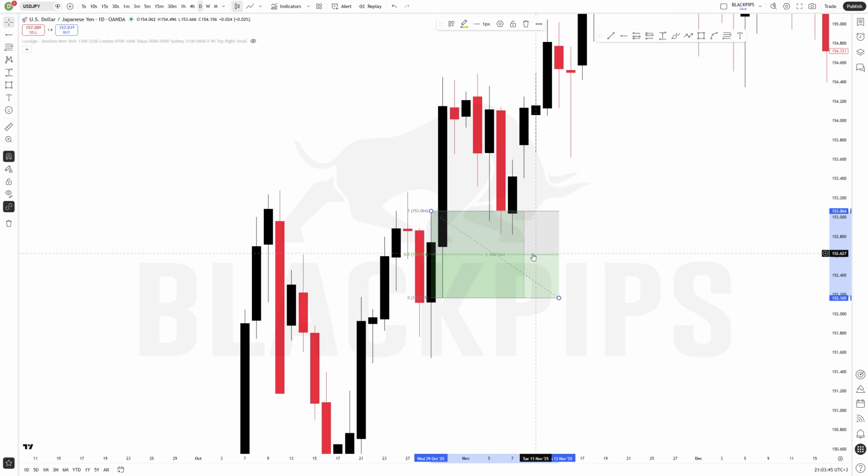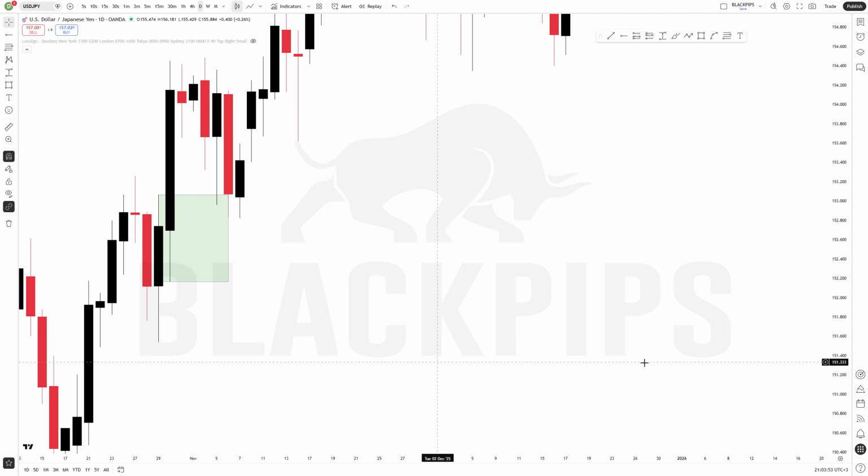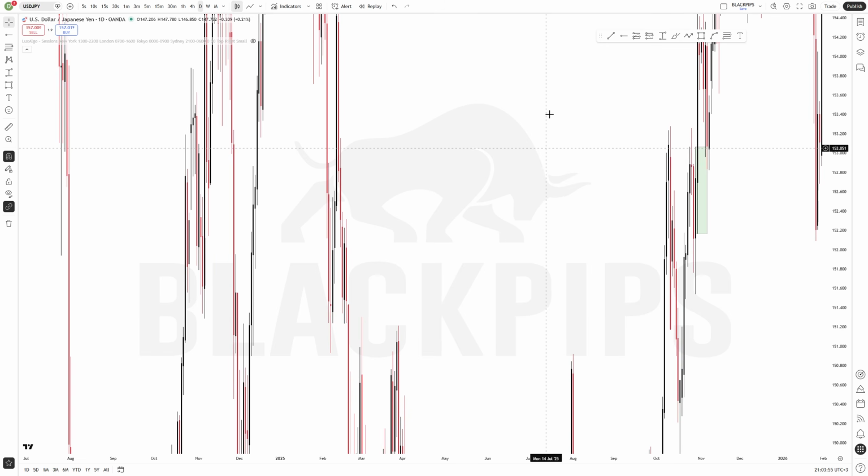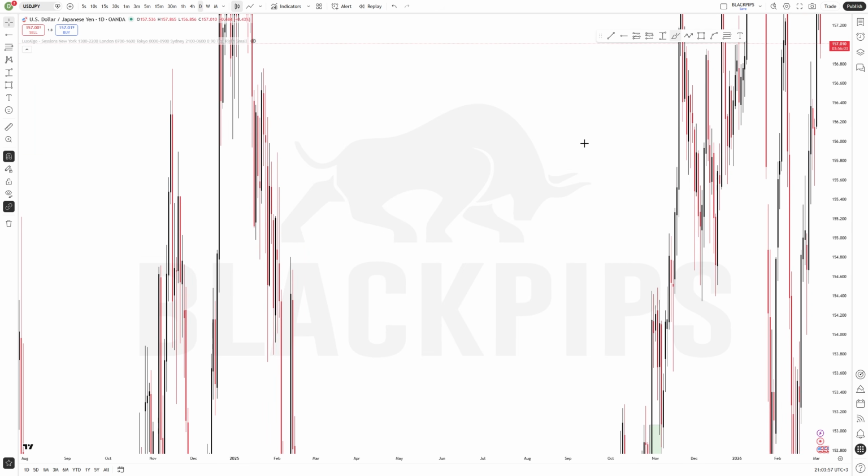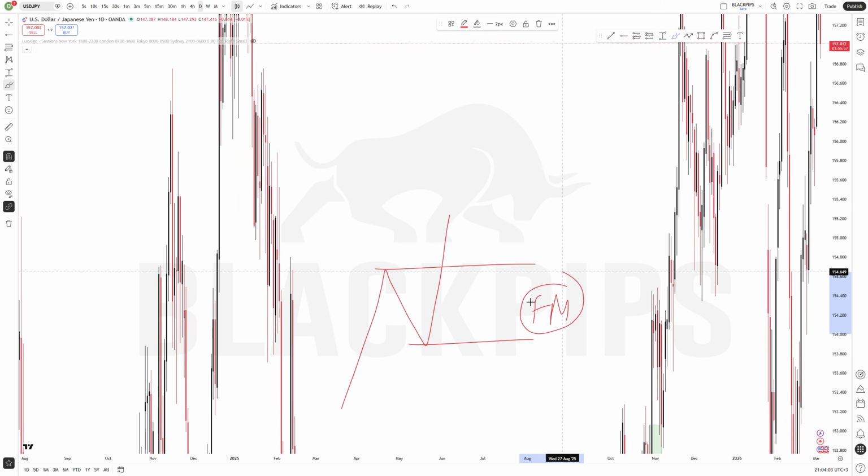And after the reaction, because I know this was the area of liquidity, and I found the wick overlap within it, what you have to understand, guys, is that when we say this is the area of liquidity, we don't mean the formation only.